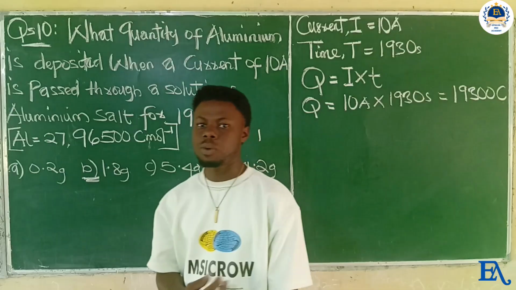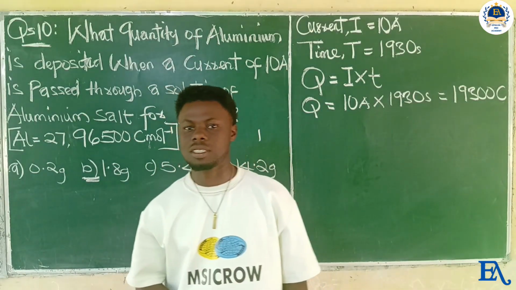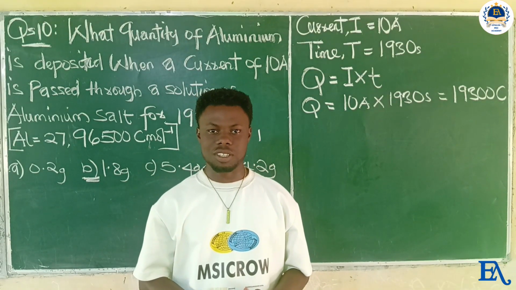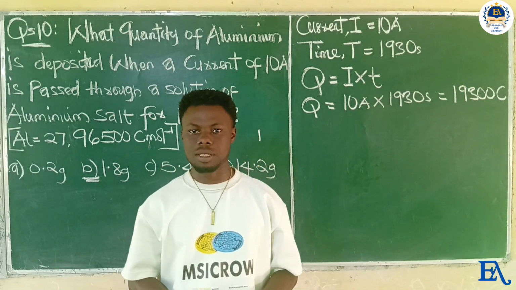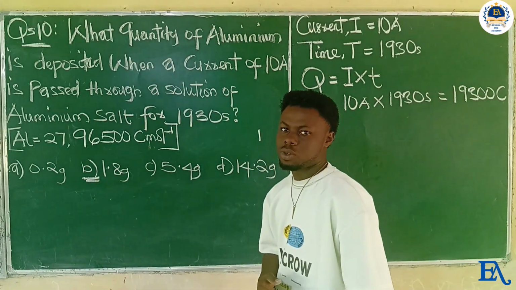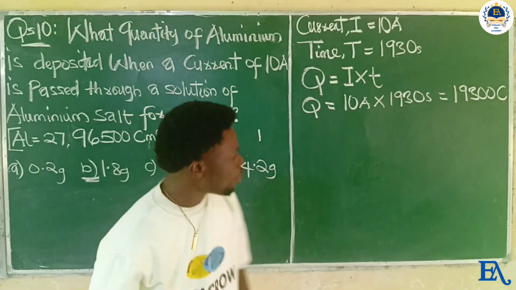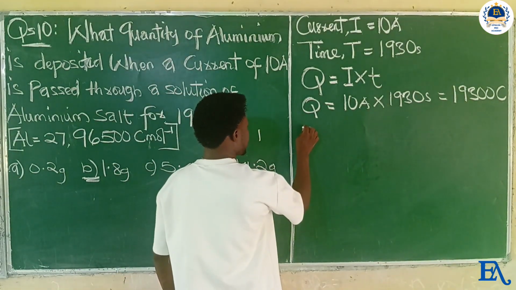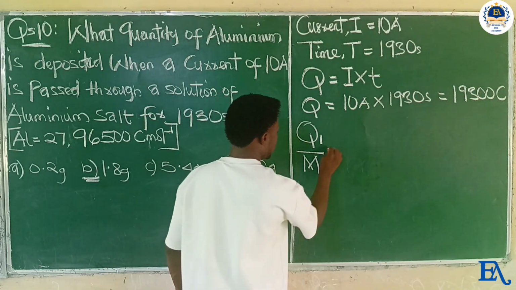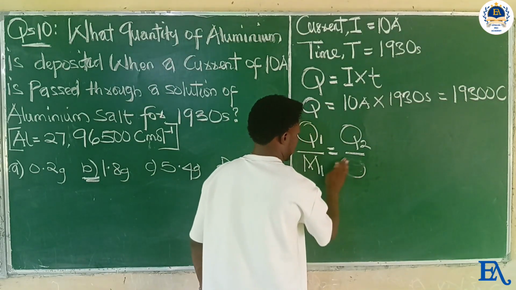To determine it, we have to apply Faraday's second law of electrolysis, which states that when the same quantity of electricity is passed through different electrolytes connected in series, the relative number of moles of the element liberated or deposited is inversely proportional to the charges of the ion of each of these elements respectively. So from the law, we have Q1 over M1 is equal to Q2 over M2.